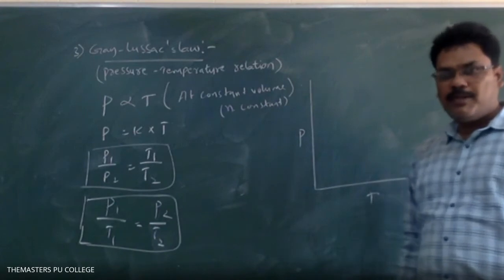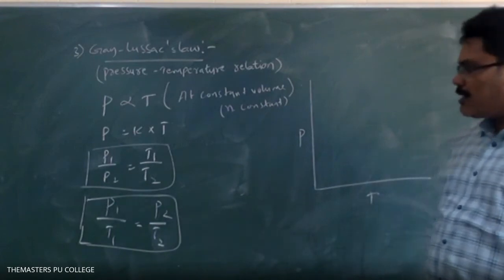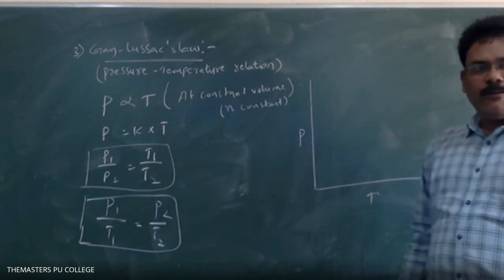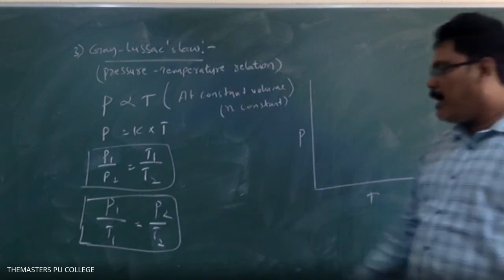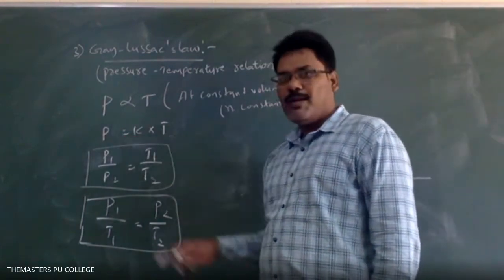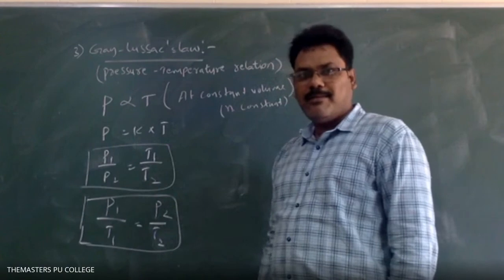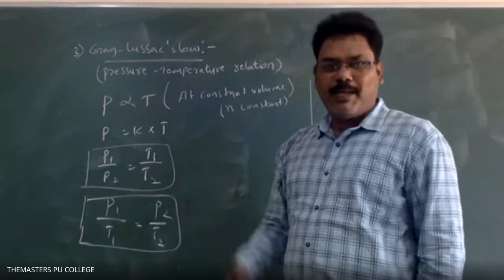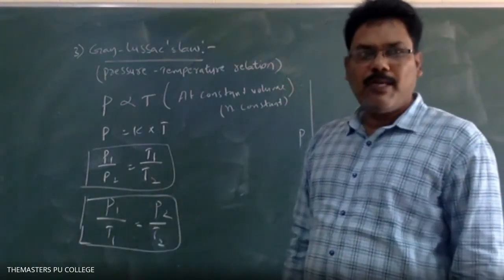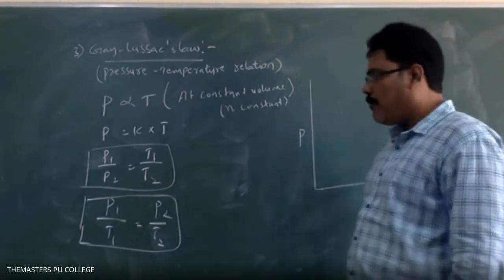Can you guess? P is equal to kT. What is the form here? Y equals mx, a straight line form.